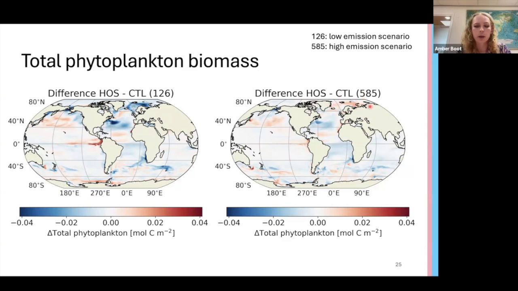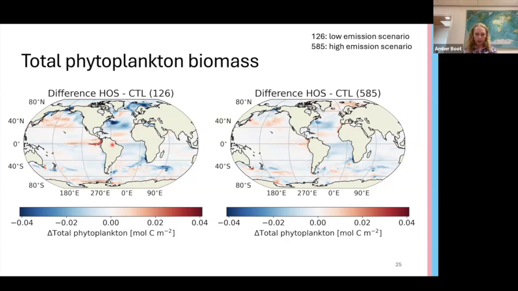So this is the main difference there. Now, globally integrated, we do see a decrease in total phytoplankton biomass by a few percent. But what clearly stands out is this really clear regional response.